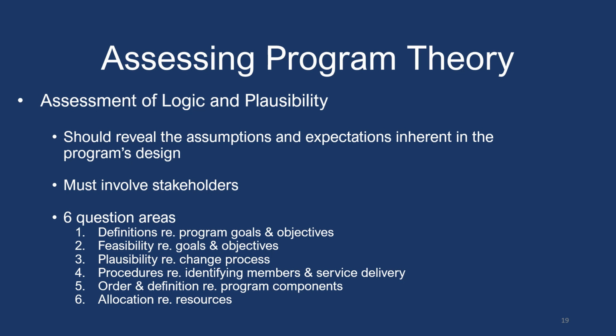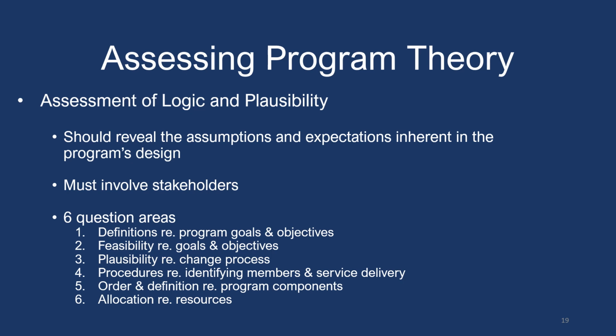You'll want to also look at the change process that is put forward by the program theory. It needs to be plausible and it needs to be sound. The cause and effect relationship has to make sense. Each step in the cause and effect chain of events and interactions should be reasonable to believe can and will occur.